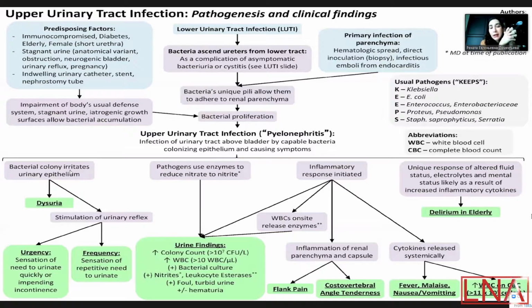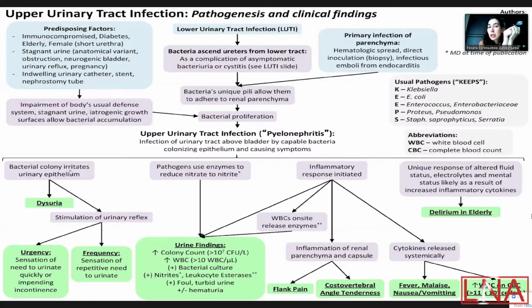These include a colony count of more than 10 to the 7th per liter, an increase in white blood cells in the blood analysis as a sign of general inflammation, positive bacterial culture, positive nitrites and leukocyte esterase in the urine analysis, turbid urine, and possibly red blood cells in the urine analysis. It depends on the type of inflammation.